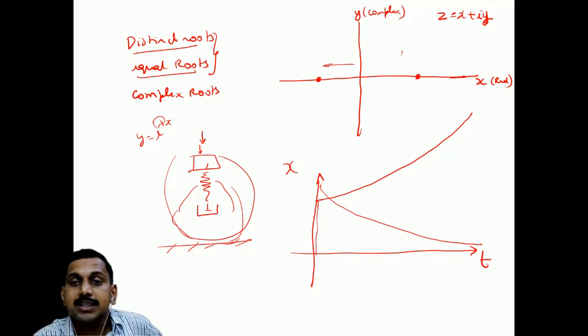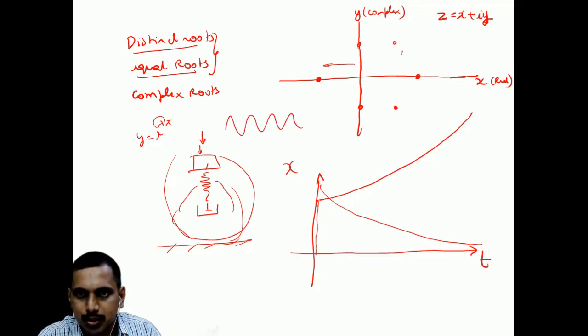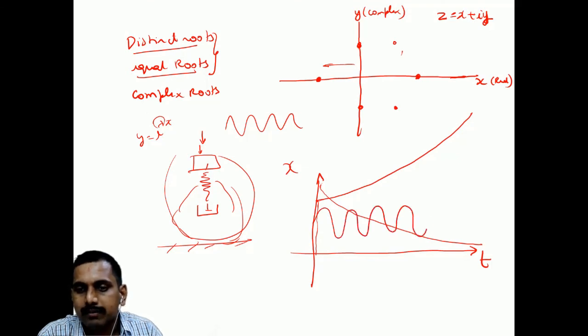case, if it is complex, it can be either here or here. Now when it is complex, what is the way it is happening? There is oscillation when it is complex roots. If it is on the imaginary axis, then the oscillation will have equal amplitude. It will not reduce.